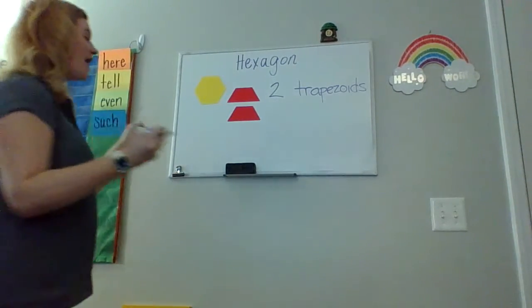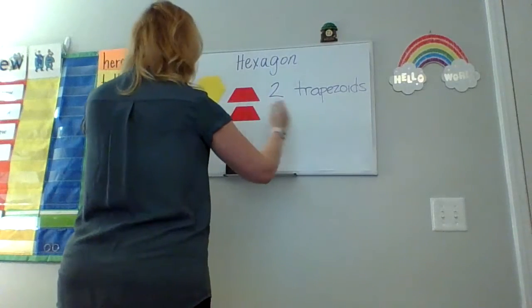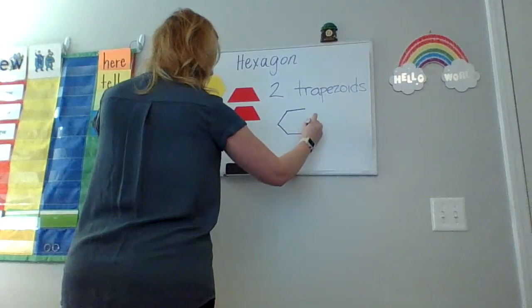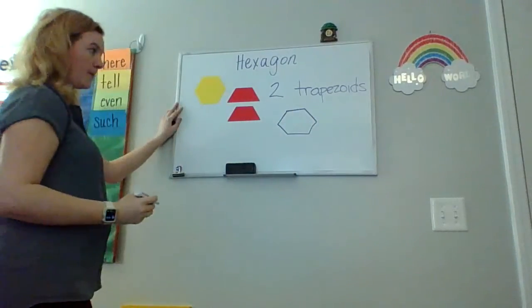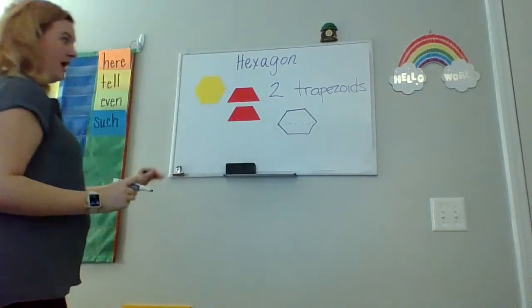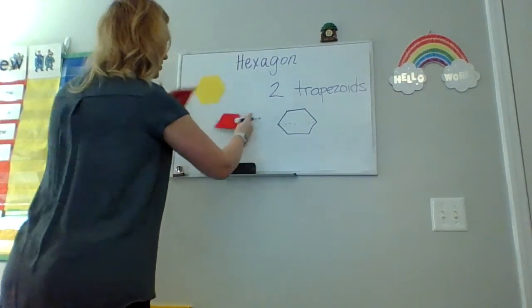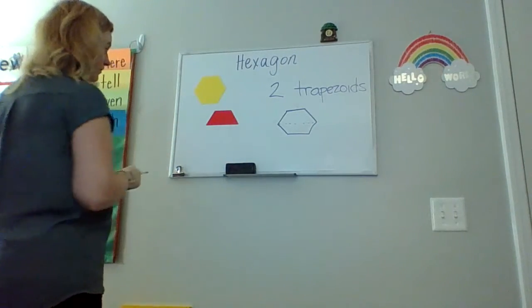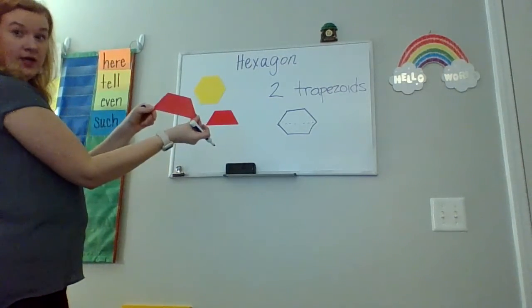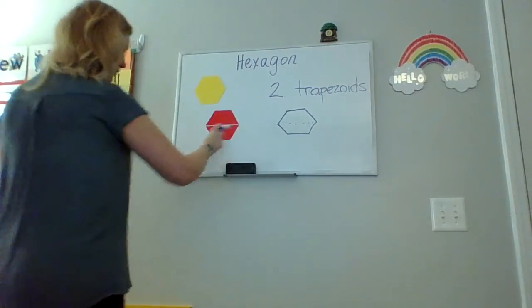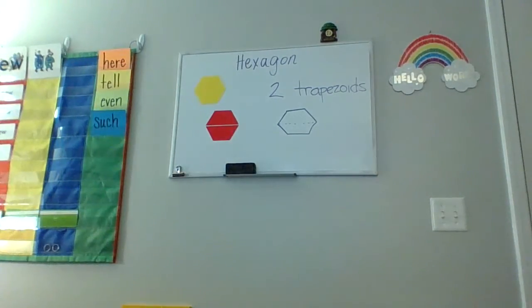So think about how you draw a hexagon. Okay? If I took this trapezoid on top, and I took this trapezoid, and I flipped it upside down, and put it there, okay?